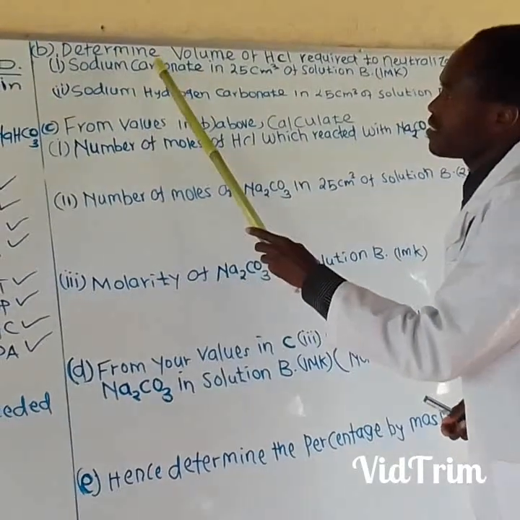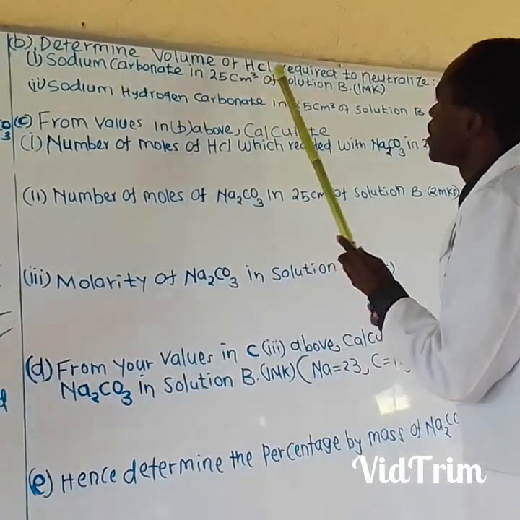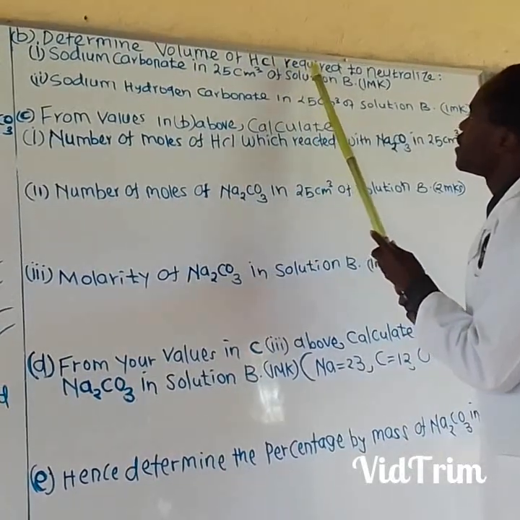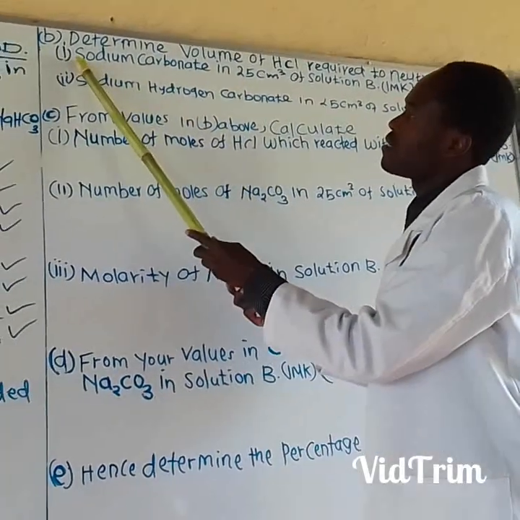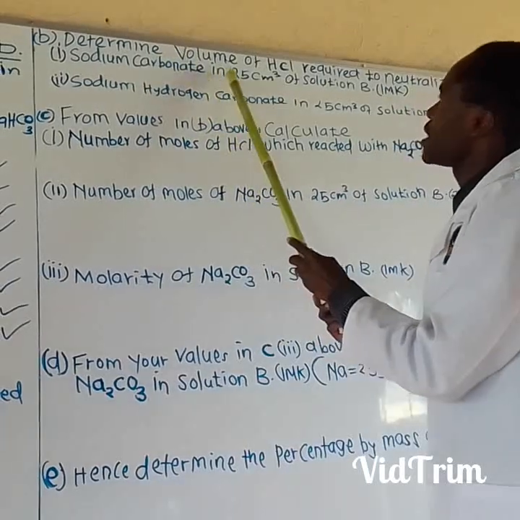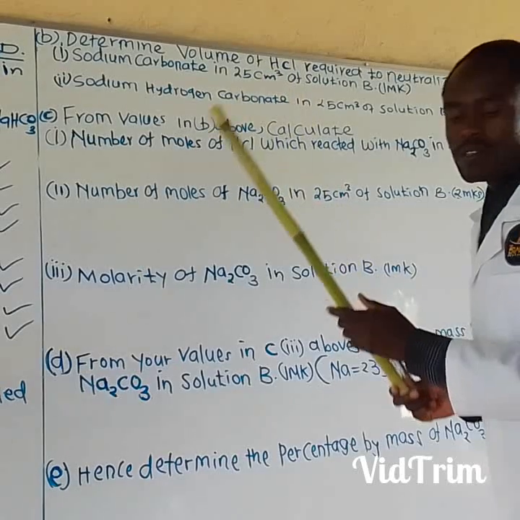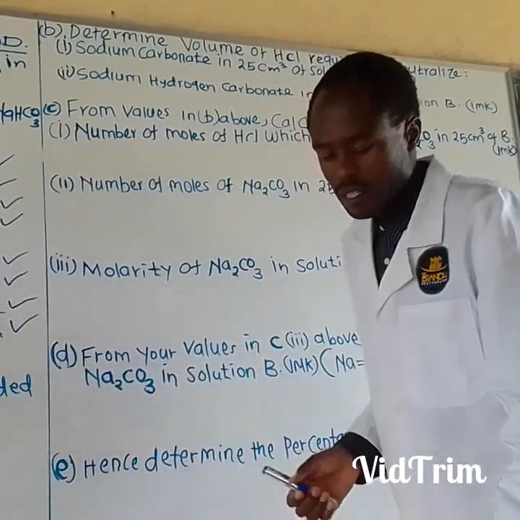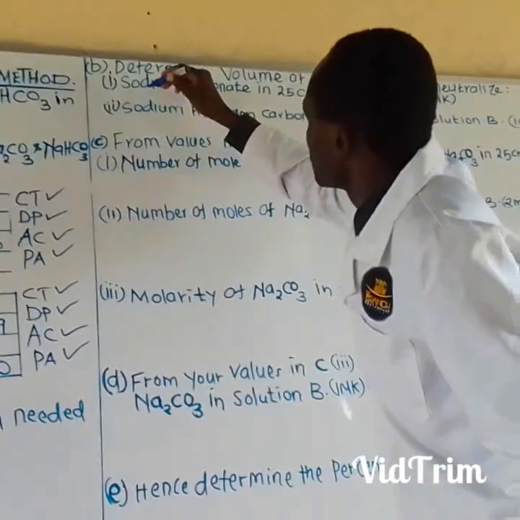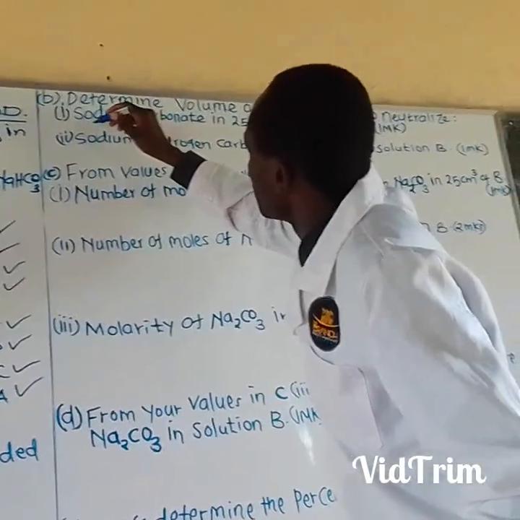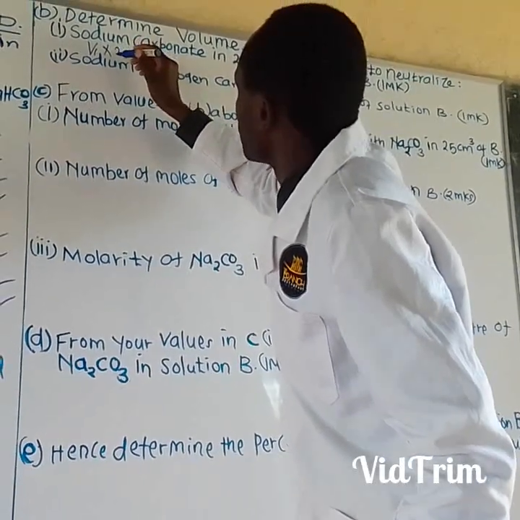So, question B, determine volume of hydrochloric acid required to neutralize Roman 1 sodium carbonate in 25 centimeter cube of solution B. So, my student, here we have this formula: V1 times 2.